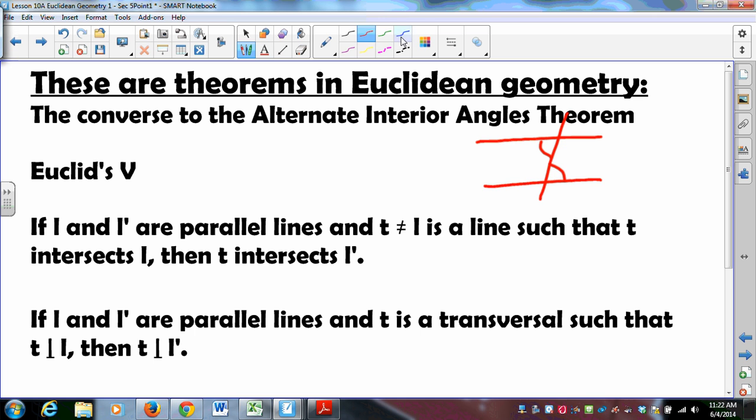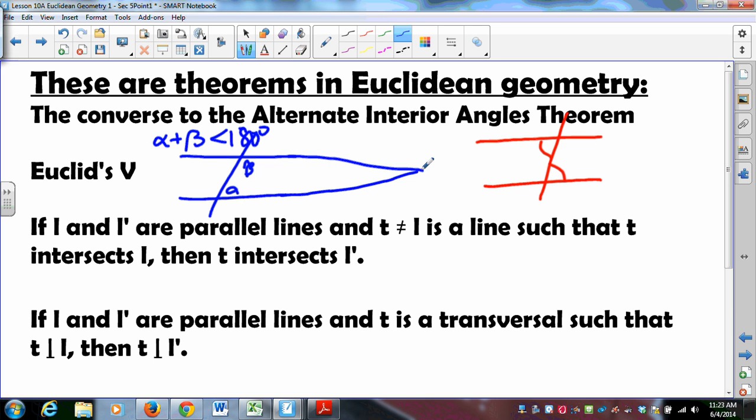Euclid's fifth is also true. If two lines are cut by a transversal and those interior angles, alpha and beta, add up to less than 180 degrees, then those two lines have to meet on that side of the transversal.